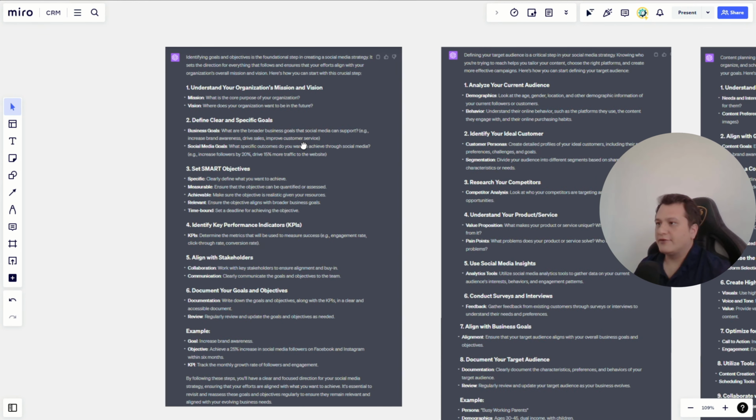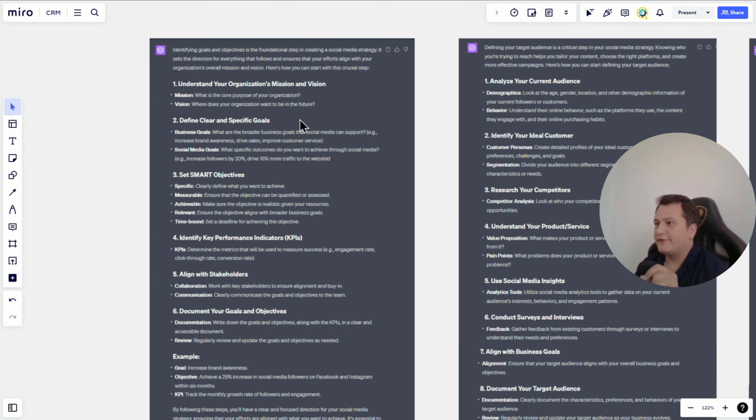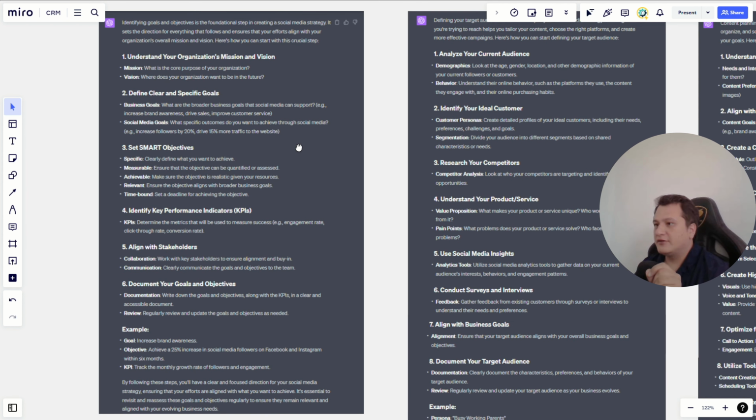And it's very curious how ChatGPT lays it out. First, we understand the mission and the vision of our strategy. Then we define our goals and objectives, and we utilize a clearly well-known process that is SMART objectives.